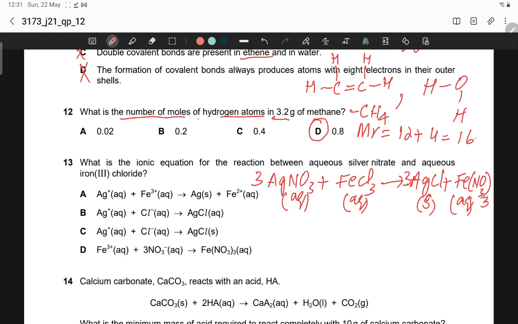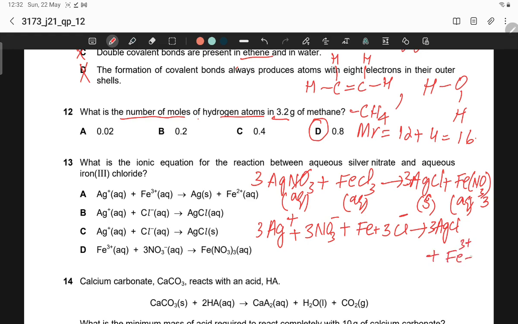Now write it in ions: 3Ag+, 3NO3-, plus Fe3+, 3Cl- to form 3AgCl plus Fe3+ plus 3NO3-.